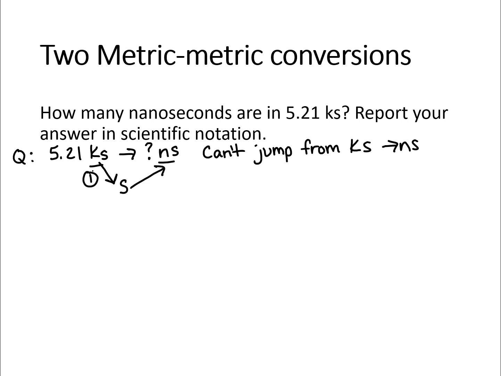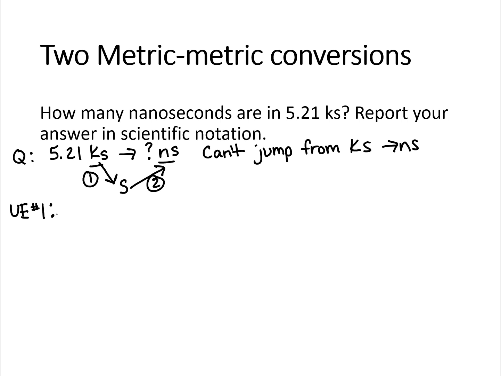Our first unit equation is going to relate kiloseconds to seconds, and our second one is going to take those seconds and convert it to nanoseconds. This is why I preach the gospel of be neat, be tidy, and use the same method every time, because you can increase the number of unit factors you need without having to completely change how you approach the problem.